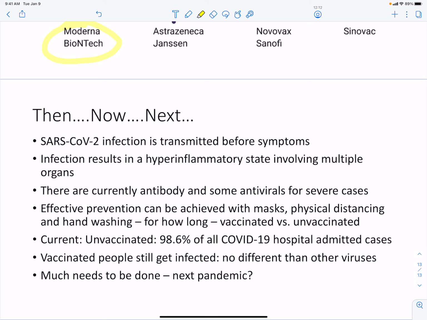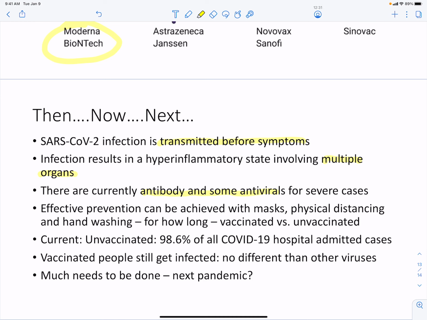Well, we know that SARS can be transmitted before symptoms. We know that SARS can involve multiple organs during the infection process. There are currently antibody treatments and some antivirals for severe cases.